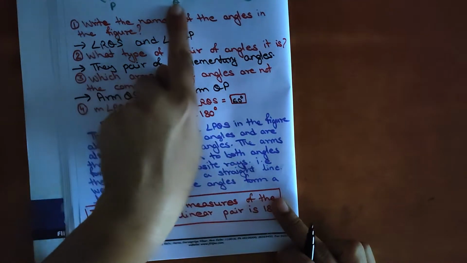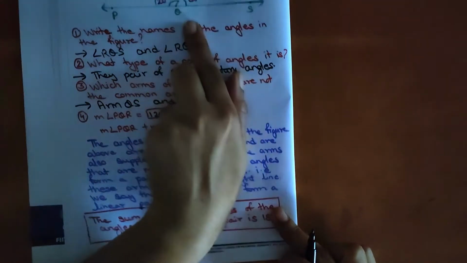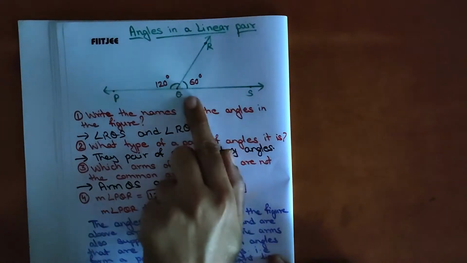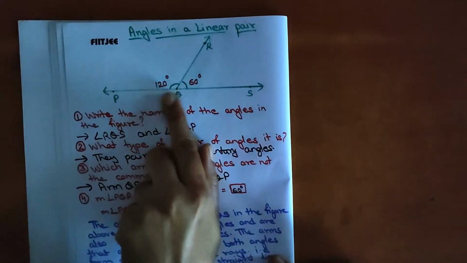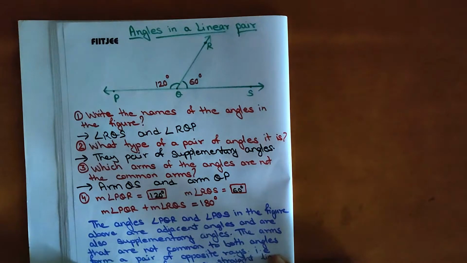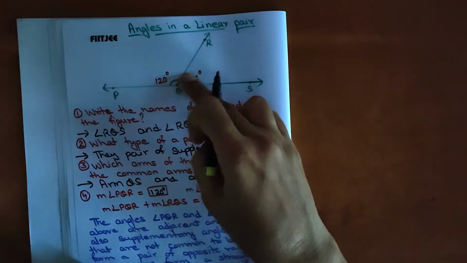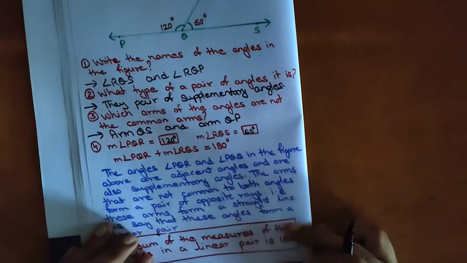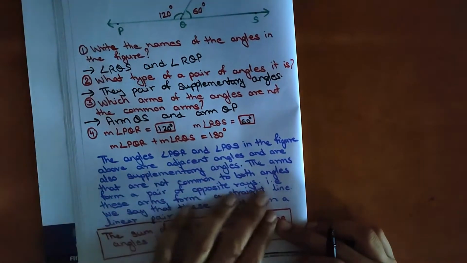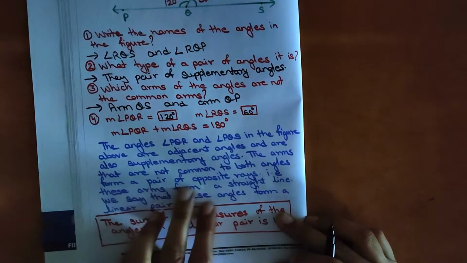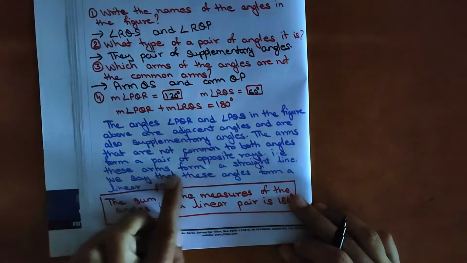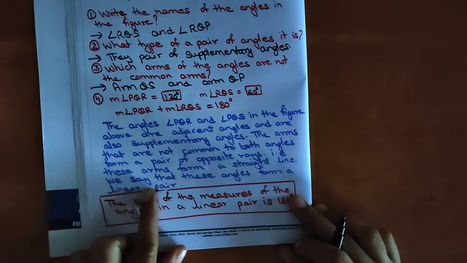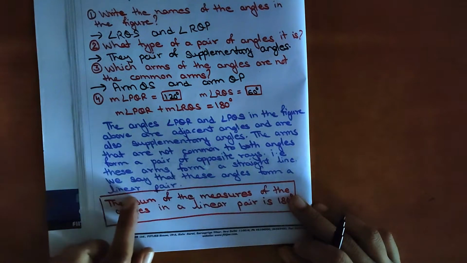That is QS and QP. They are the opposite rays because they are not the common arm. Common arm is here RQ. Okay. So the arms that are not common to both the angles form a pair of opposite rays. That is, these arms form a straight line and we say that these angles form a linear pair.